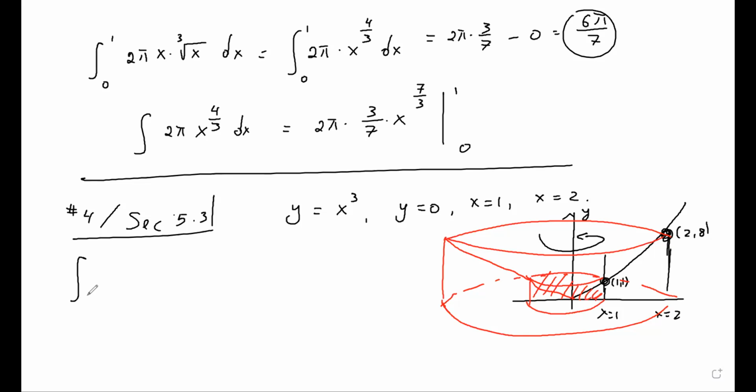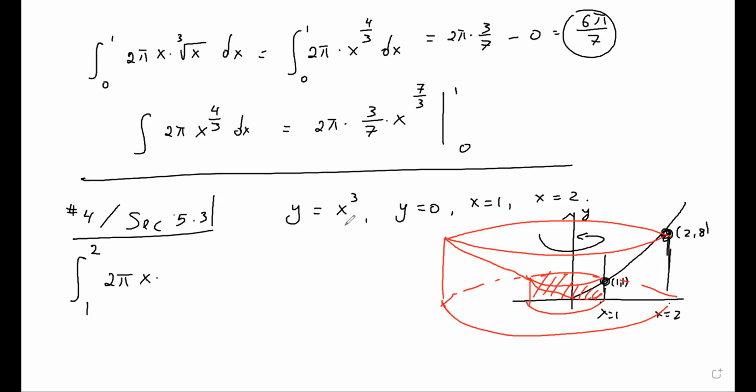Again, it can be set up very easily as an integral from, I'm sorry, not from 0, from 1 to 2. So it goes from 1 to 2, 2 pi x times, and then you get the desired f of x. So f of x, folks, the function that we're looking for here is x cubed.